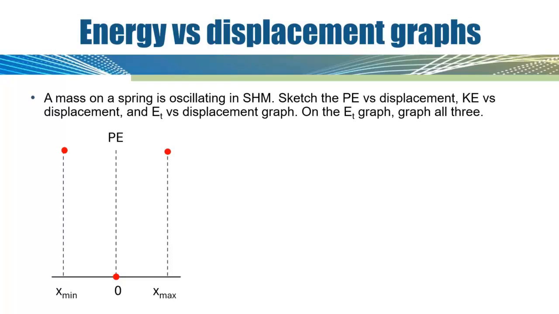The mistake some people make is they just connect the dots, and they make a graph that looks like a V. It's not a V. And we know that because potential energy is 1/2 kx squared. The squared means it's going to be parabolic. So this is what the graph is going to look like.